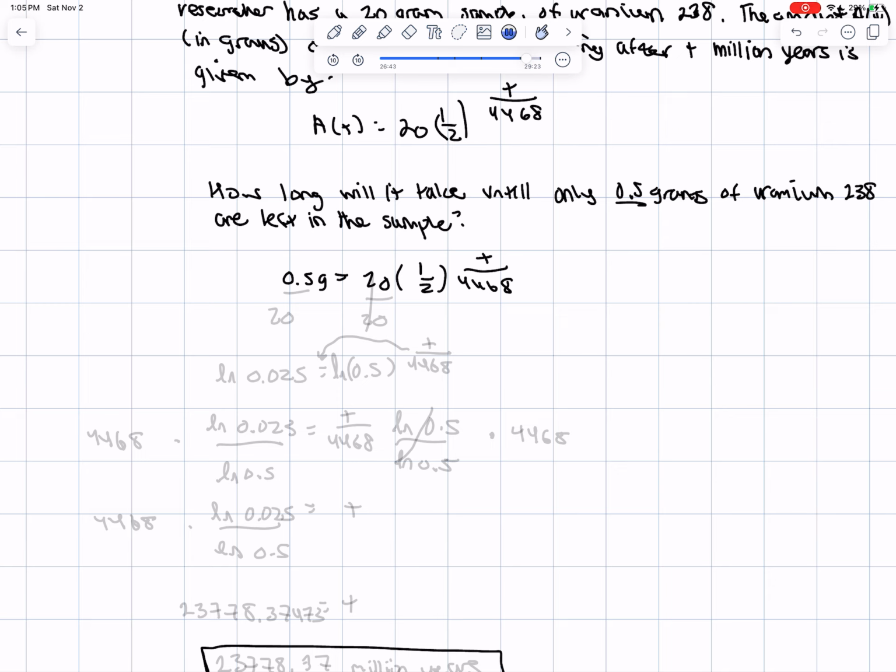Okay, so I'm just going to divide the 20 out. I'm going to add my ln. And then, 0.5 divided by 20 gives me 0.025.